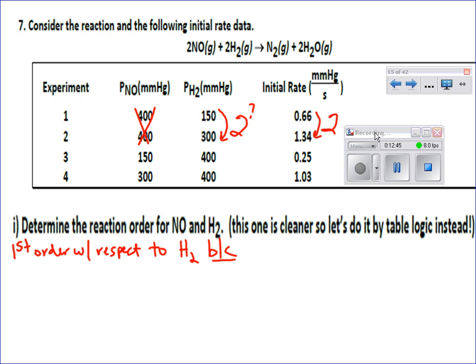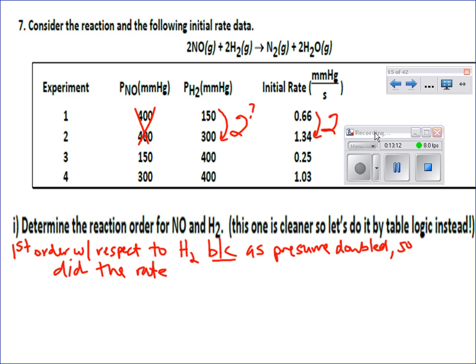Here's the clarification statement you have to make: because as pressure doubled, so did the rate. First order. I'll talk about pressure in a second. People are like, I thought it had to be molarity. We'll review that momentarily.